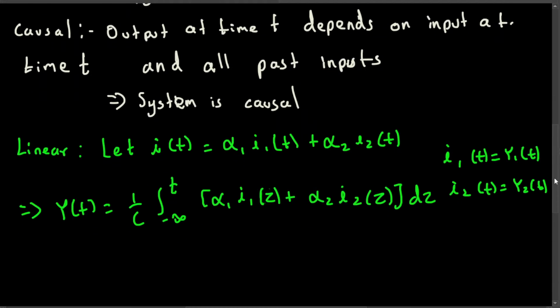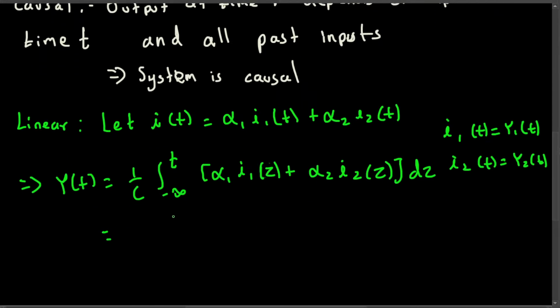Let's continue this one here. I can substitute this 1 over c for both of them and separate this as separate equations. So we can simplify this one. Here we are integrating with respect to tau, so alpha 1 is a constant value, and I can take that to the front as well. So this is going to be alpha 1 in front, and then 1 over c, and then integration negative infinity to t, and then I1 of tau d tau.